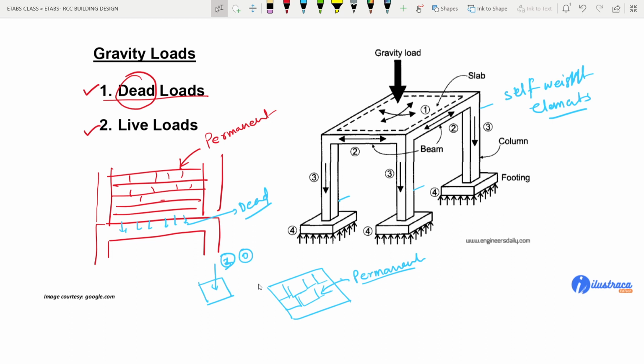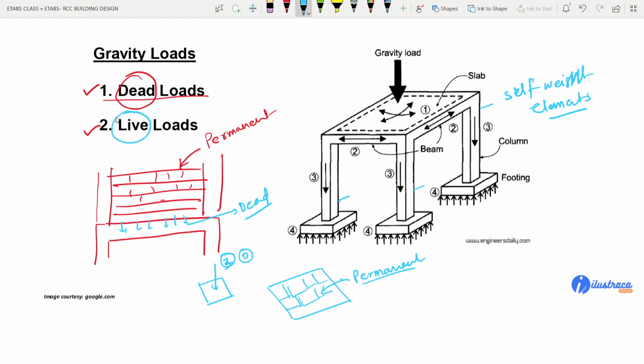So the load which is not constant, it is changing with time, or maybe it is changing now and then. So the gravity load which is not constant, we call it as live load. So with what load actually it is changing? Like the load of the human beings who are moving around in the building, that is what we call live load.